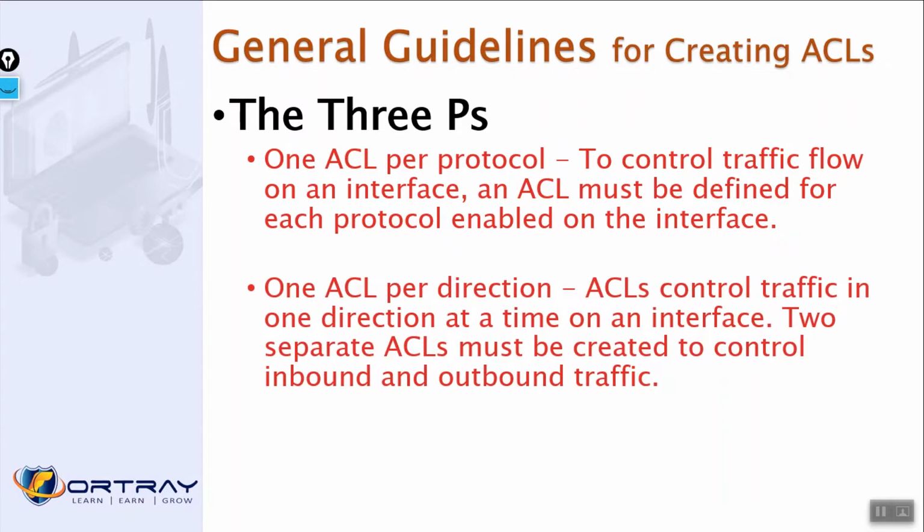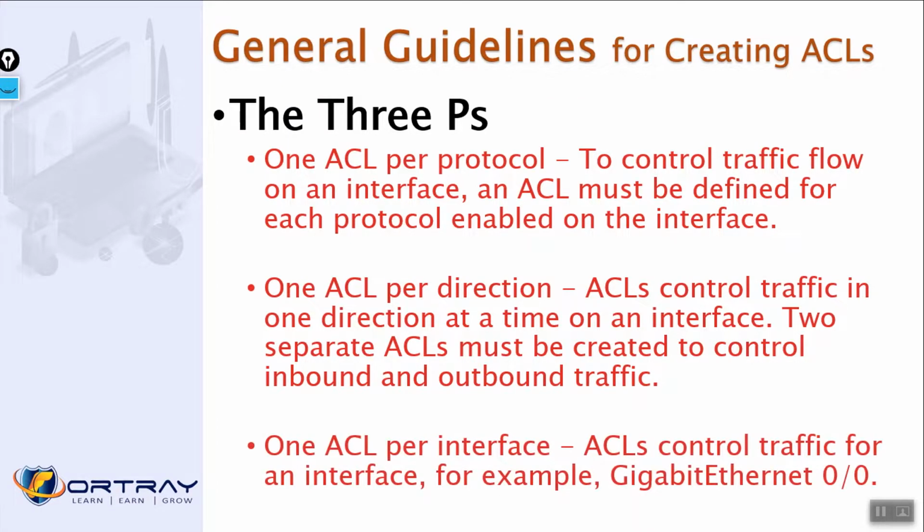One ACL per direction, either inbound or outbound, and per interface. That's why we call it the 3Ps: per protocol, per direction, per interface. Like if it's TCP or UDP, you create one ACL entry, and then per direction and per interface you can apply it on the interface.